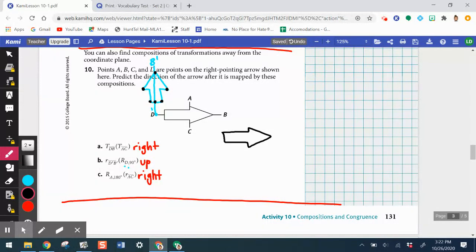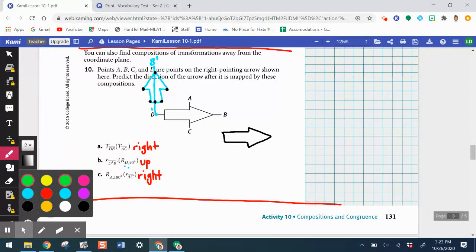The last one we see here, we're going to start by reflecting across the line AC, which runs right through it. And then we're going to rotate 180 degrees around point A. So reflecting across the line AC, again, this is going to be a pretty crude drawing, so just bear with me. This point will map roughly about here. Points A and C won't go anywhere.